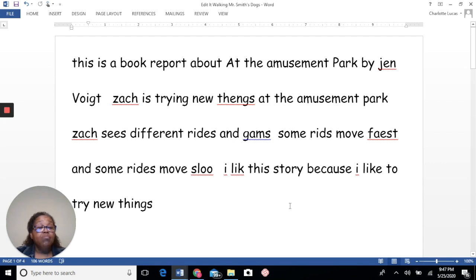So when you're writing, the first thing you do is you write your rough draft where you make all of your mistakes, spelling mistakes, capitalization, punctuation, all the mistakes. Just write. It doesn't matter if spelling is correct because you're just doing your first draft. After you have edited, or when it's time to edit, type it into a Word document.